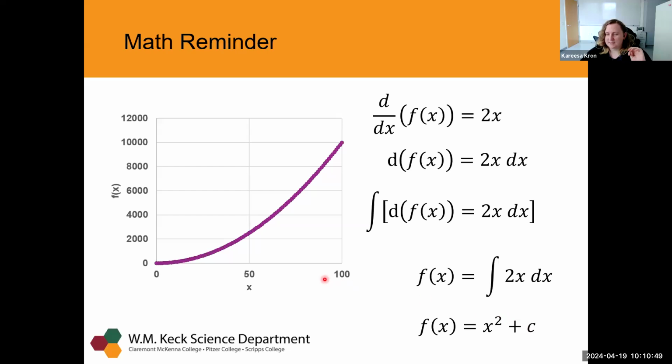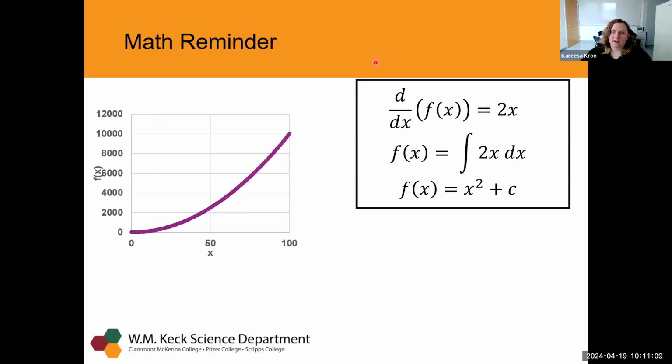So this is a method where we can go from something that looks like a rate or a change in time or a change in x, and we move to what the actual function is. And if we have some data, we can use it to find our constant. If we know something about our system, then we can find this constant. This is how you would solve a rate expression in order to get a function.